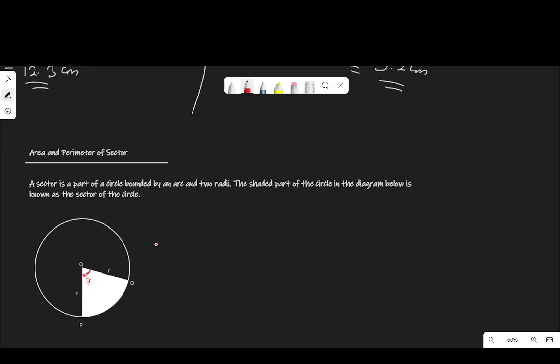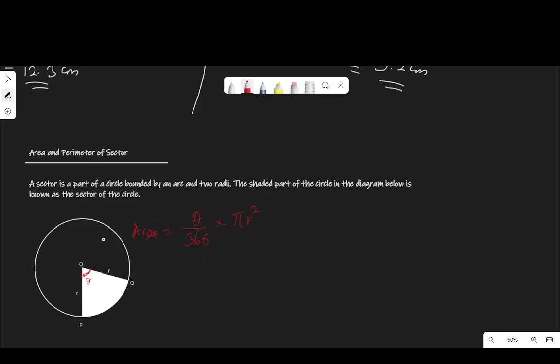Area of this sector is theta, the angular amount, divided by 360, which is the total angle in the circle, multiplied by the area of the circle, which is pi r squared. So a fraction of the area of the whole circle is what we call the area of this sector. That is why we're multiplying by what? Pi r squared, which is area of the whole circle. So area of sector is equal to this.